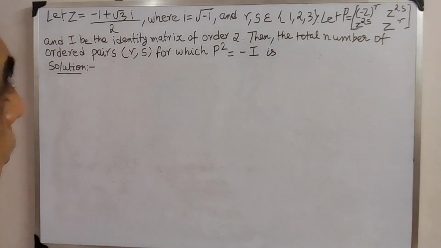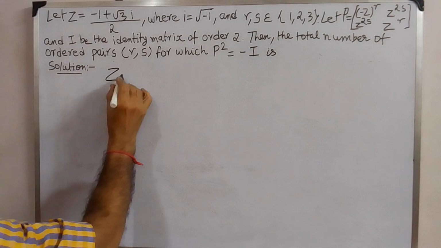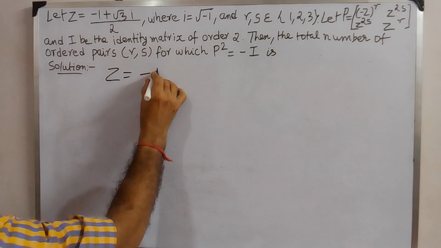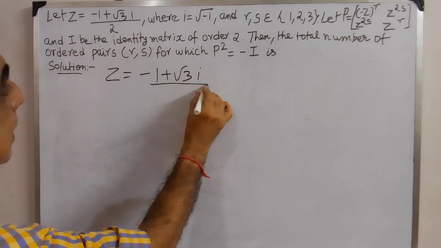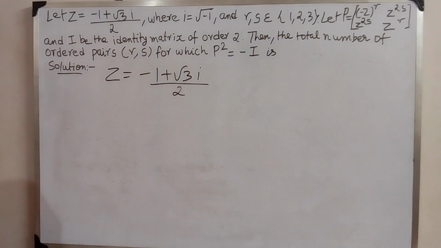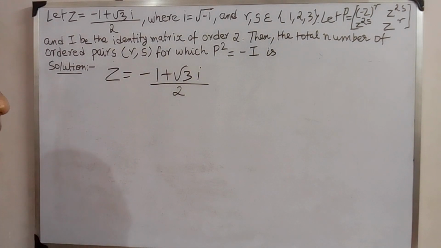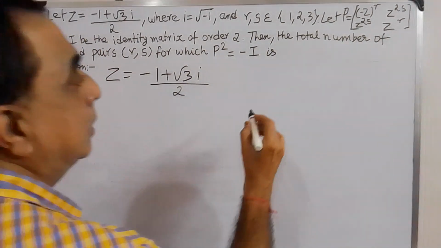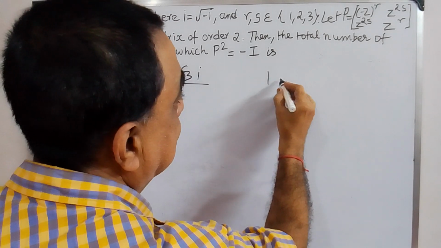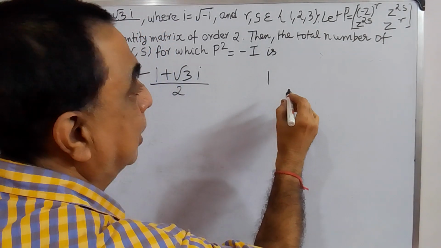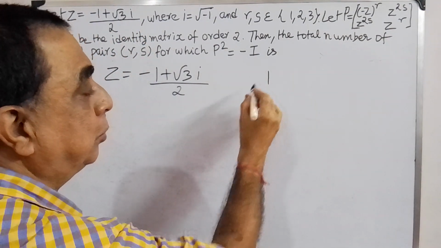So see here, z is given to be minus 1 plus root 3 i divided by 2. So this is a complex cube root of unity. What are the cube roots of 1?